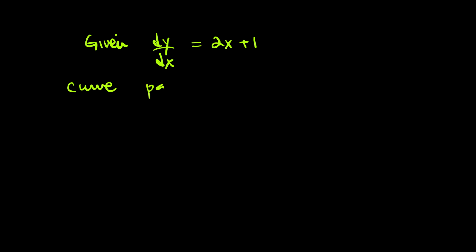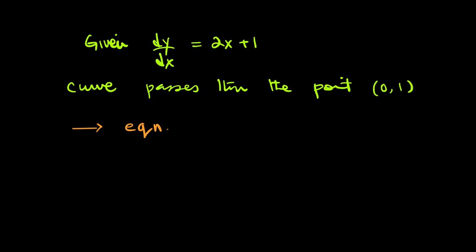For example, it is given that dy by dx is 2x plus 1 and the curve passes through the point (0, 1). And we are asked to find the equation of the curve.